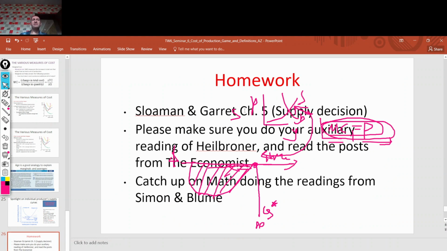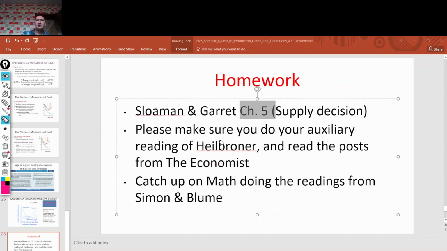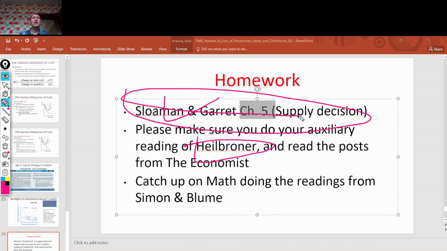And your homework, we are done. Please read chapter 5 from Sloman and Garrett, the supply decision. Please, I'm beseeching you to read the auxiliary reading from Heilbroner. You have to read that book. To understand anything about economics, I don't think you can understand anything. That's not enough for sure. It's a very theoretical thing. It wouldn't inspire you to study economics.